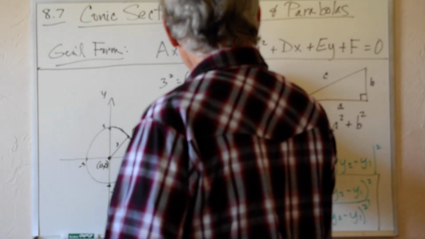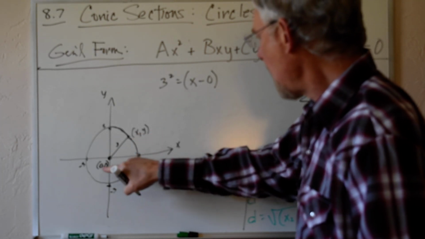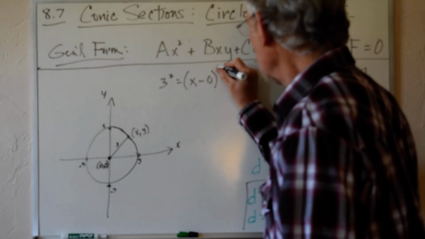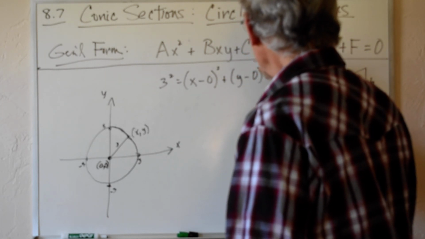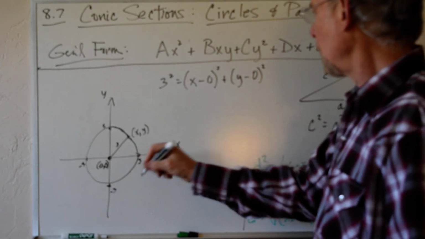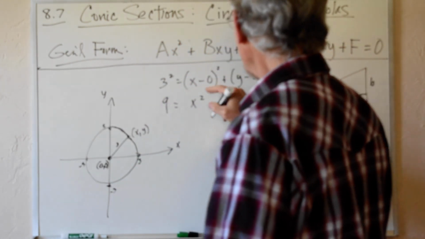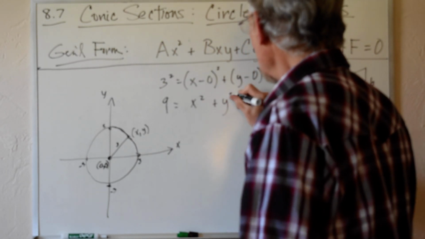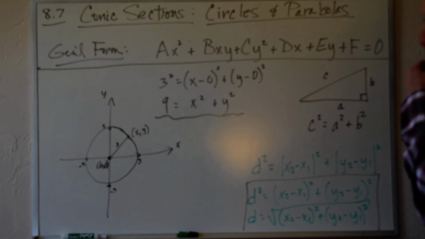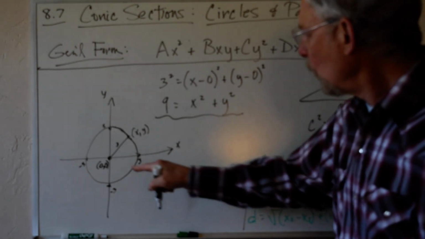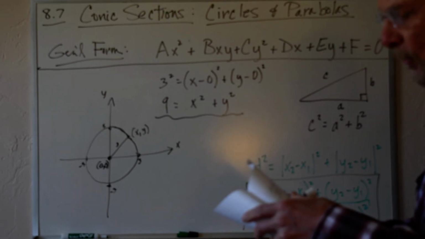So I have distance squared equals x coordinate here minus the x coordinate there squared plus y minus the y coordinate squared. And of course the y coordinate is also 0. 3 squared is 9. This is just x squared. This is just y squared. So what I have is the equation of the circle whose center is at the origin and has radius 3.